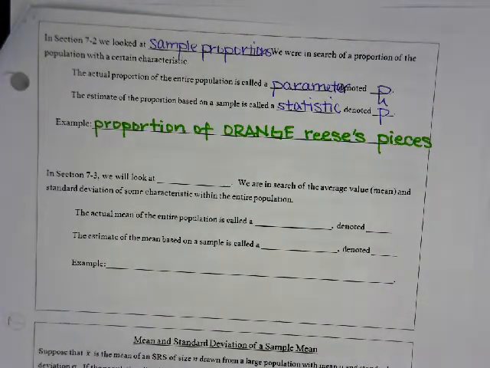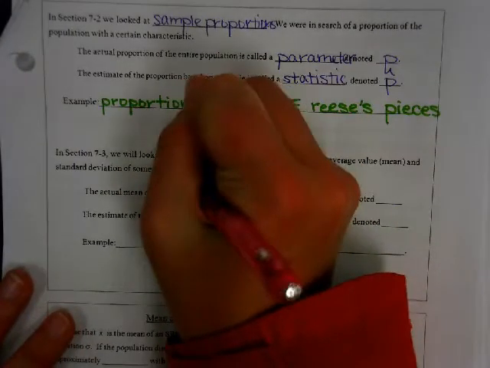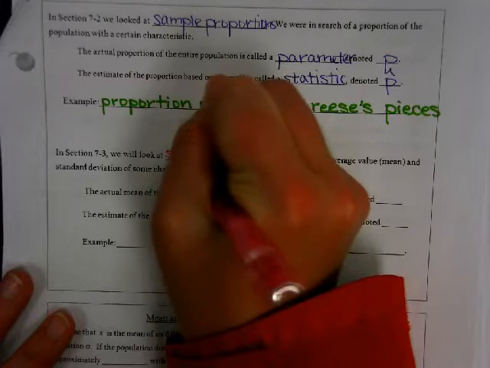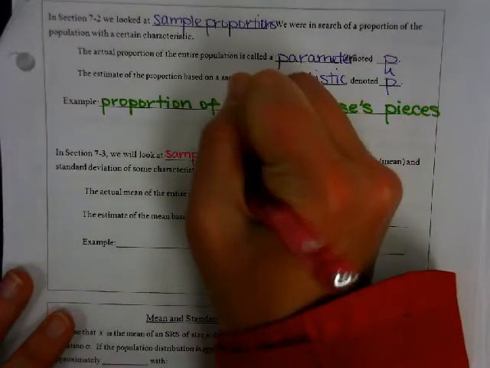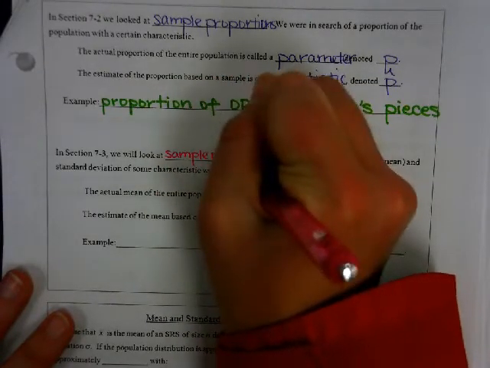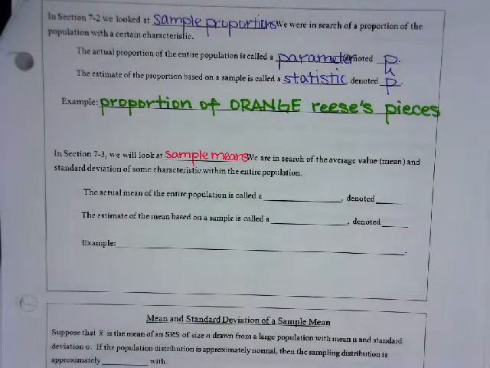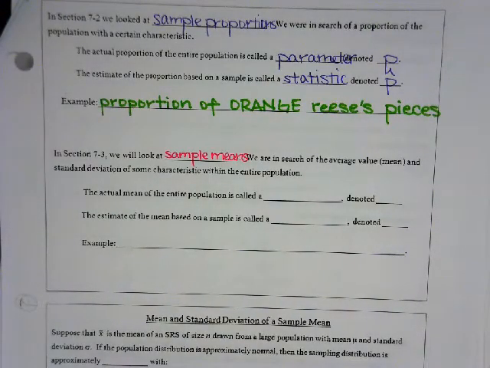So today we switched to section 7.3 in the textbook, and we're looking at sample means, which is why we looked at the average ACT score. We are in search of the average value, or the mean, and standard deviation of some characteristic within the entire population.